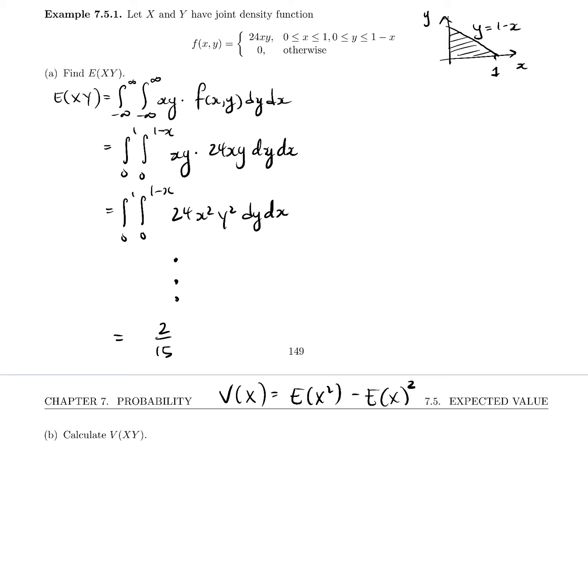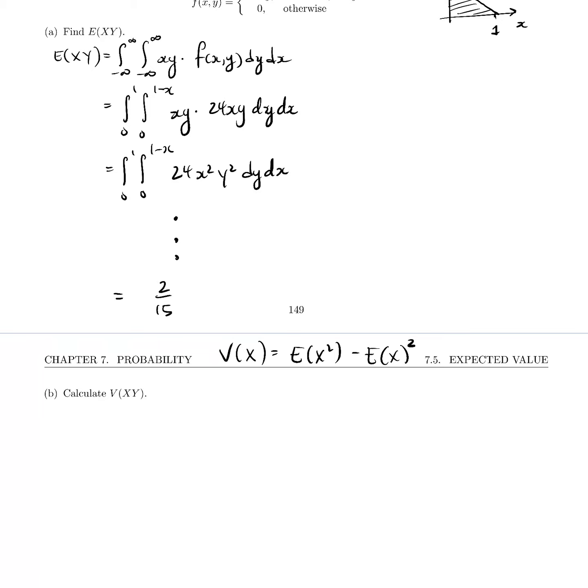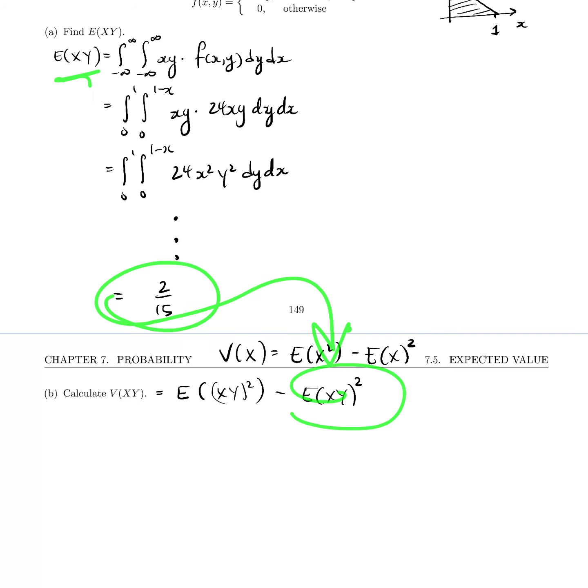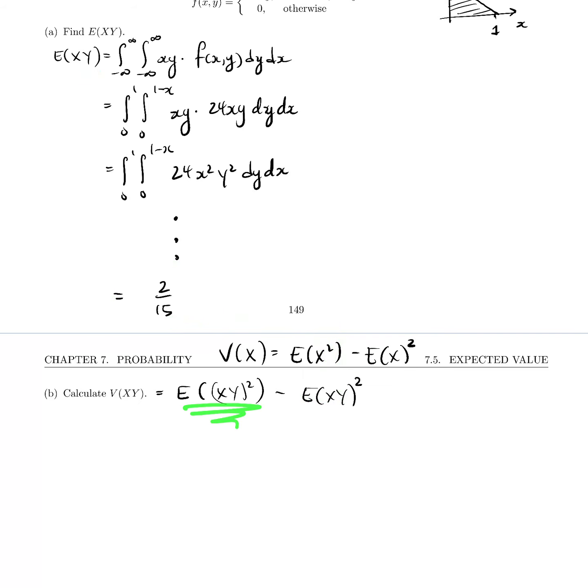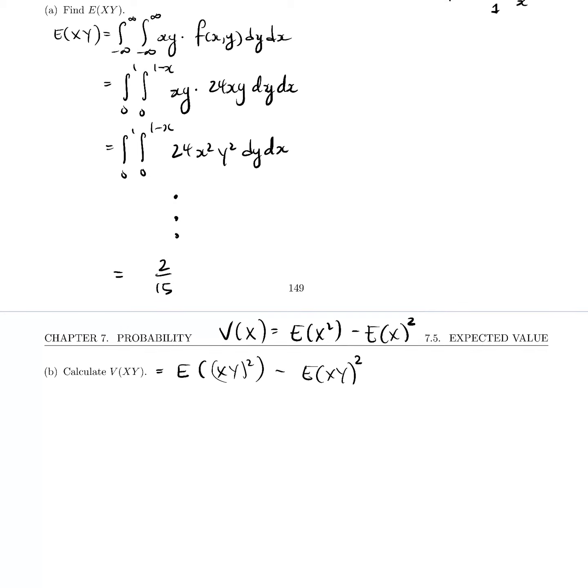And so what we can do is just replace xy in for the x's, which means that we are looking to evaluate here the expected value of (xy) squared minus the expected value of xy all squared. Now this value is what we have up here, so we can take that and square it as our next term. But we have to evaluate the expected value of (xy) squared.